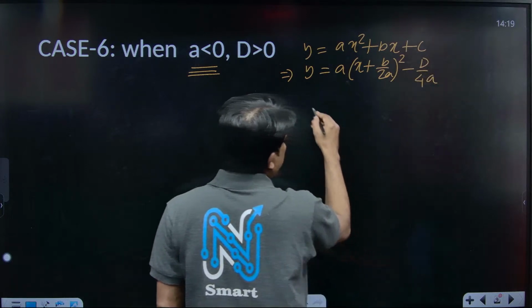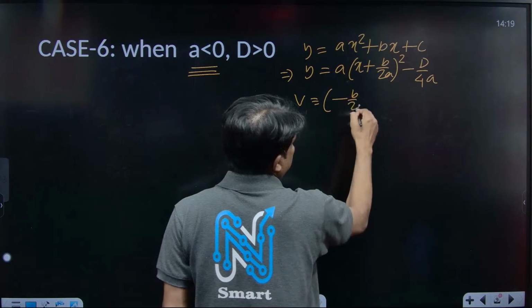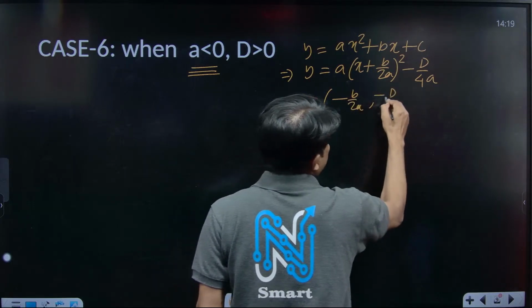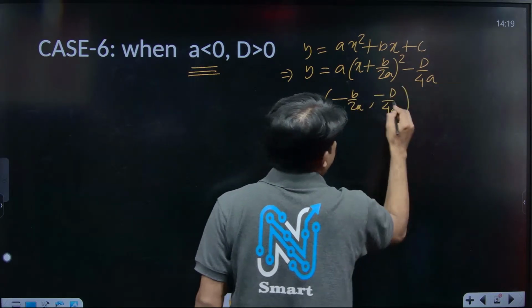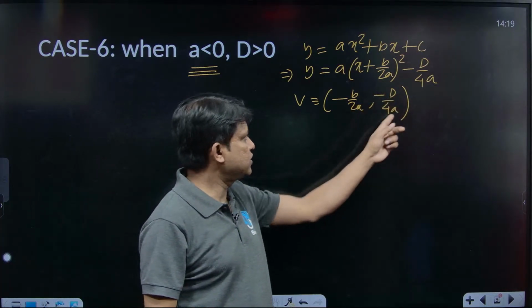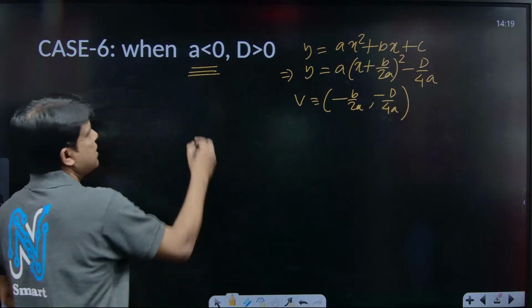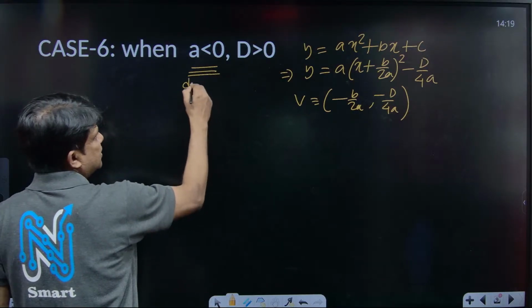The vertex of this parabola is minus b by 2a and minus discriminant by 4a. When D is positive and a is negative, the ordinate of this vertex is positive.